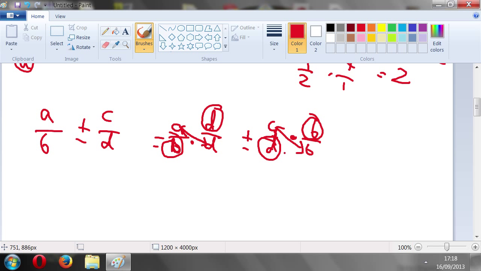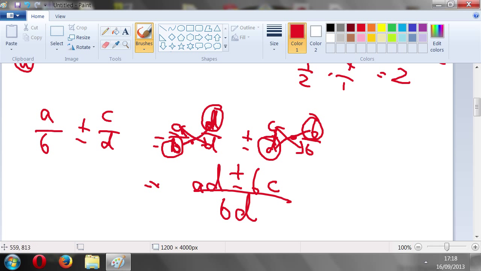But we've already said, if we just do D over D, because it works out to that. So there's the BD and there's the BD.